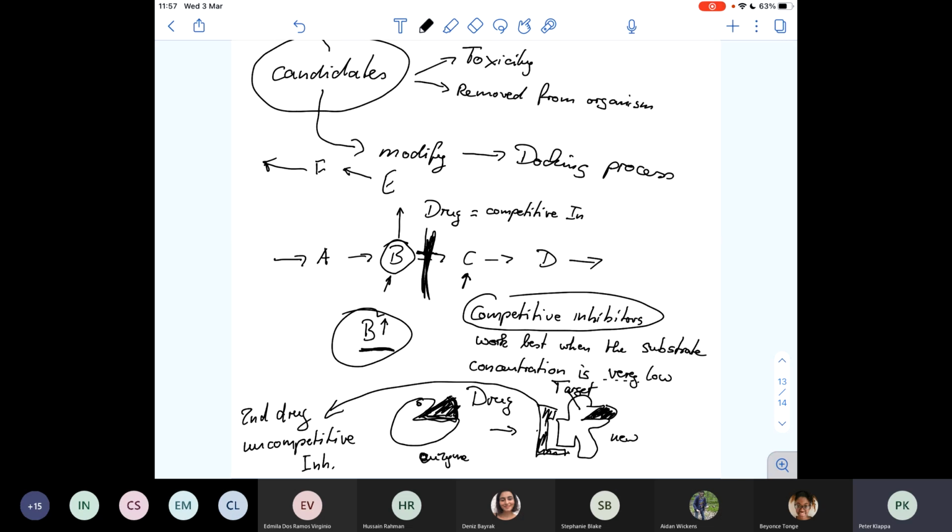So what we can do is, with our first inhibitor, with the drug that we first developed, this competitive inhibitor, we use this to develop a second generation drug that no longer acts as a competitive inhibitor, but now acts as an uncompetitive inhibitor.